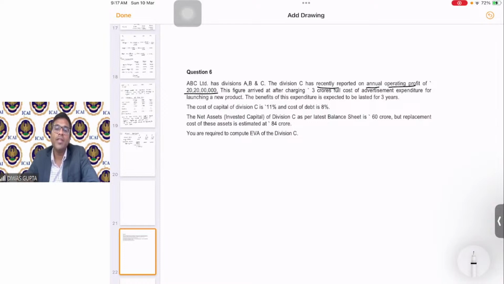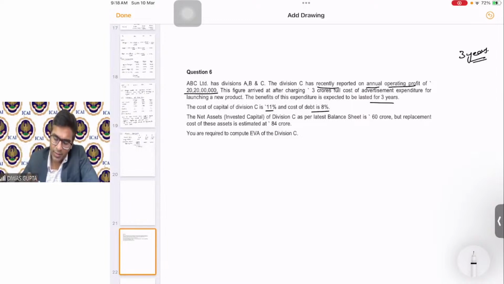The benefits of this expenditure are expected to last for 3 years. The cost of capital of division C is 11% and the cost of debt is 8%. Clear, students? The cost of capital of division C is 11% and separately they have given you the cost of debt.